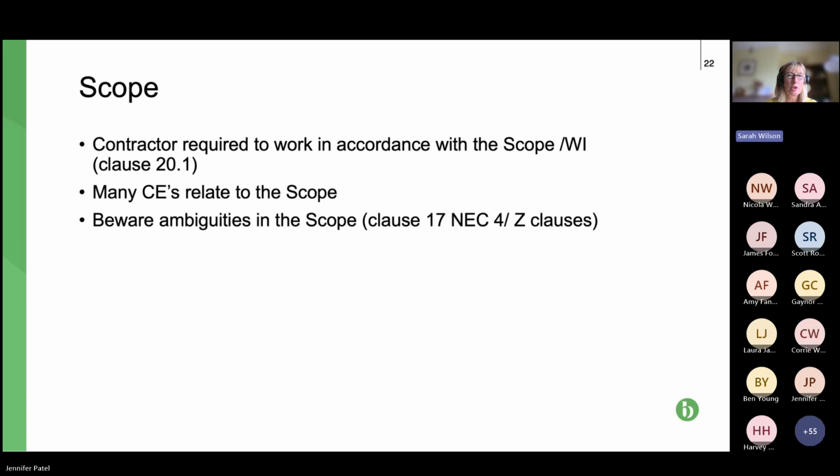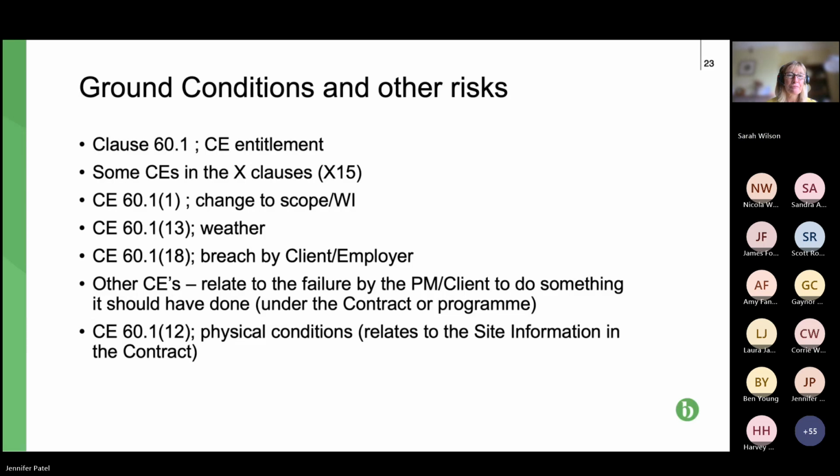Next slide, please, Jan. Ground conditions, all I want to say, so, all right, sorry, another risk. So this is just generally about the compensation events. Again, more detail in February, if you can wait that long. But fundamentally, that third bullet point is the most used compensation event.